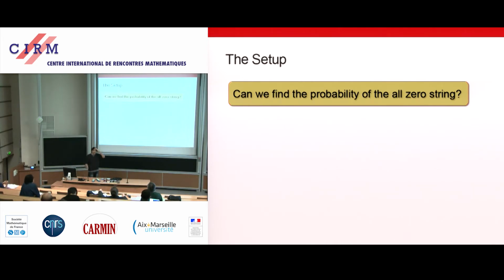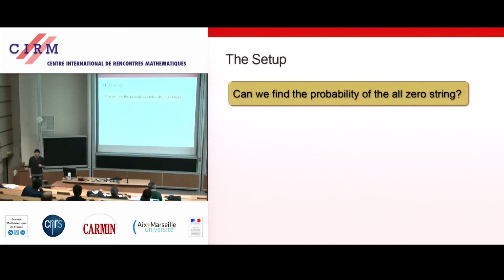Population recovery, the way I phrased it, was about given random samples where you can't really figure out which species generated it, usually what the description of the population is. Well, there's an even simpler question. What if one of the species in there is the all zero string? You just want to find out what its underlying probability is.